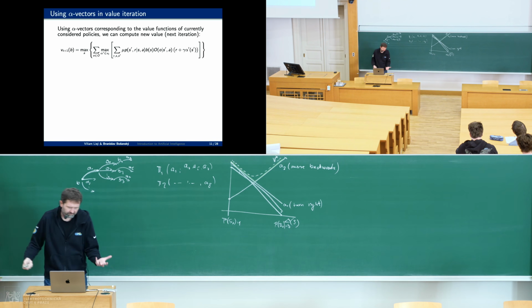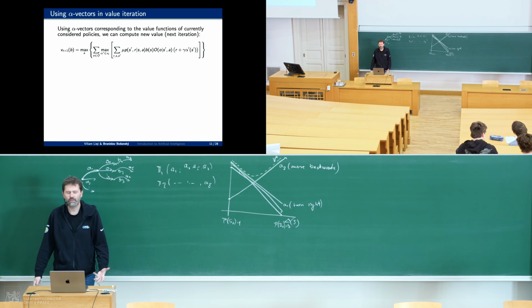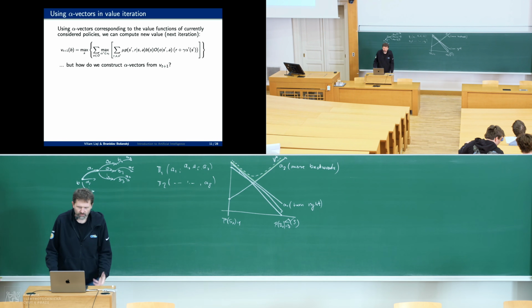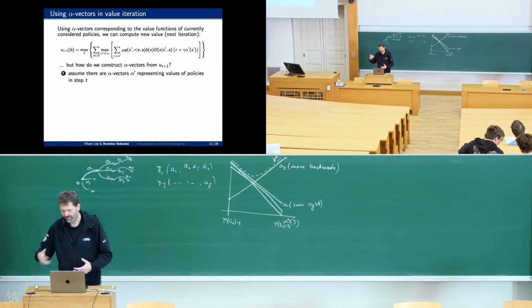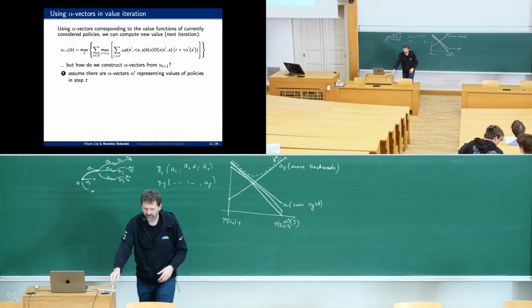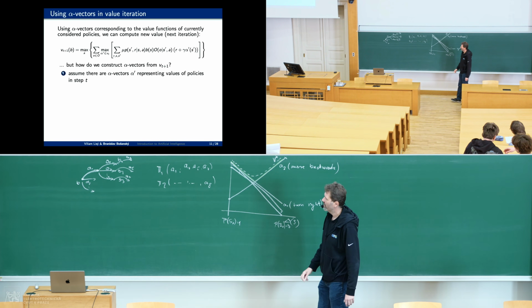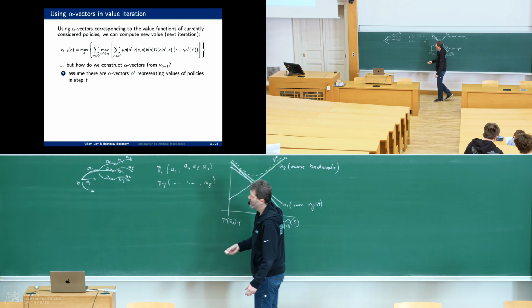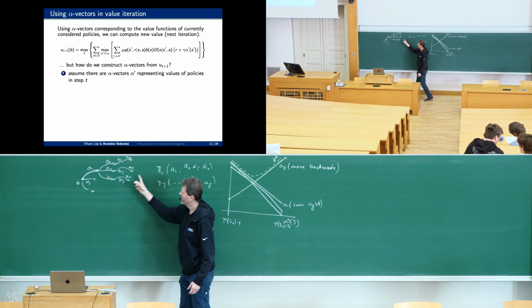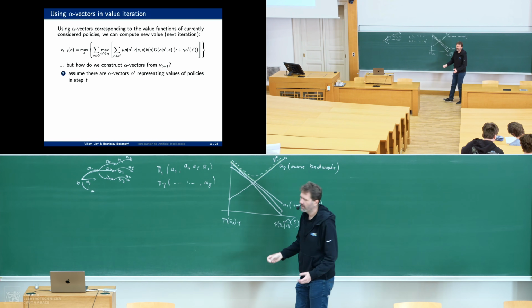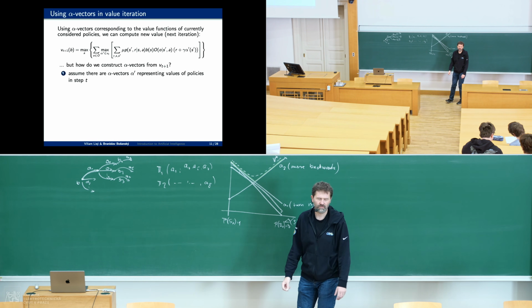So this is how we can use it, but how do we construct the new alpha vectors? We have already touched on this when I discussed these policies, right? Since we have a finite number of possibilities, we can just enumerate all the combinations.